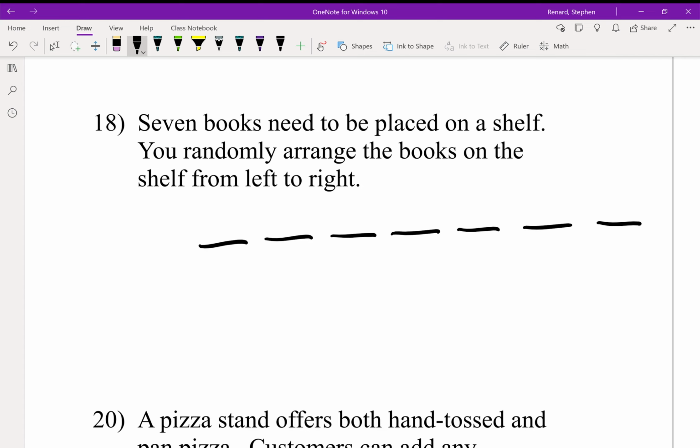But the fact is, when I place the first book, I have 7 options. But now, how many books do I have left? 6. So what we'll learn later on is that this is called a factorial.